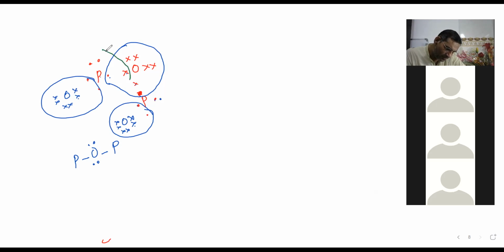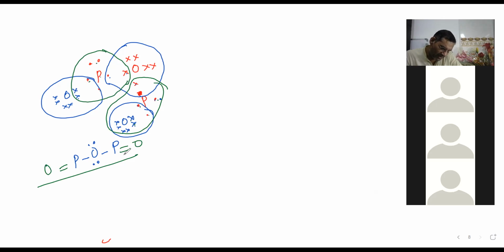This is 2, 4, 6 and 8. So we will be writing it like this. This is P2O3. Many more structures are there.